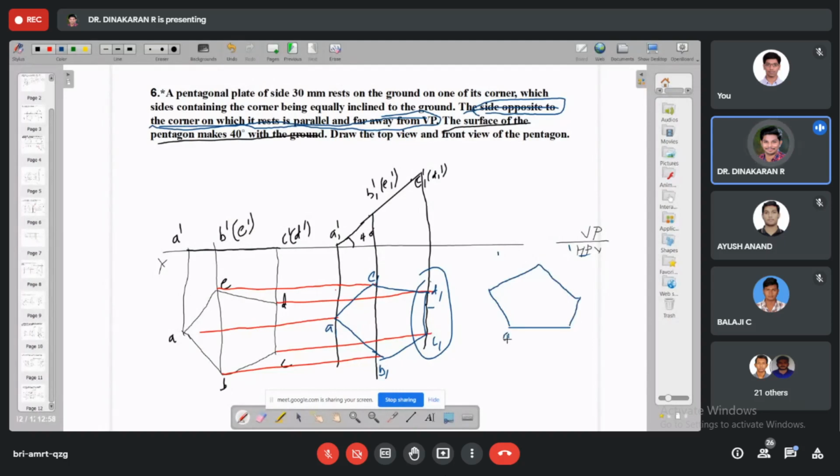Then after that, this is A2, C2, D2, E2, B2, then finally the projection.